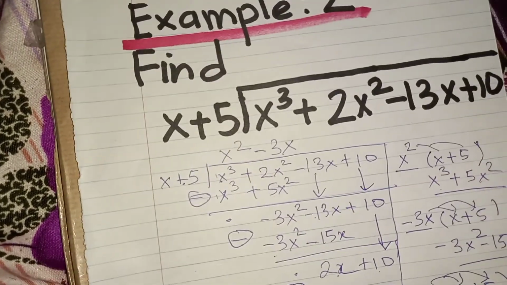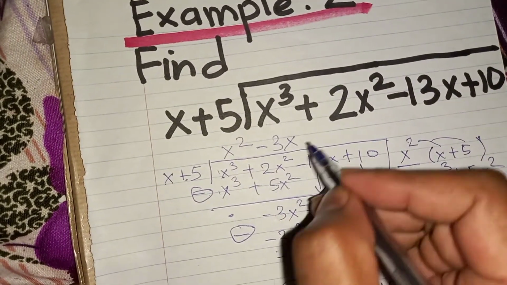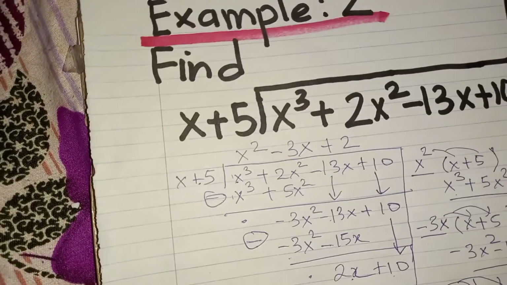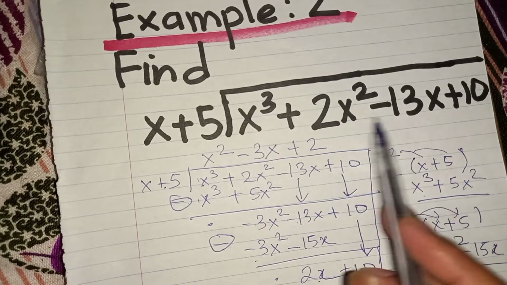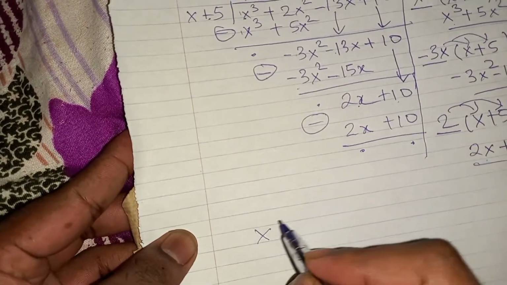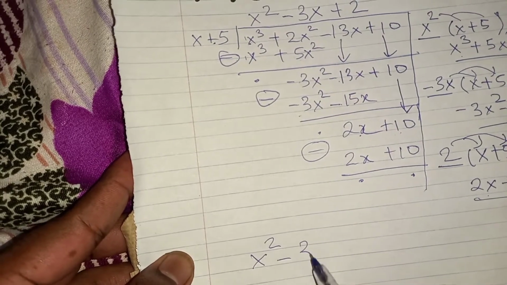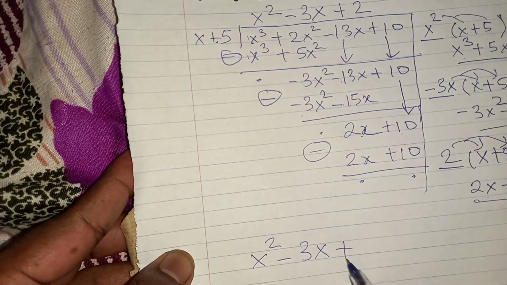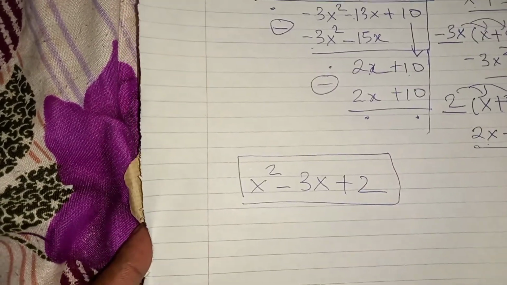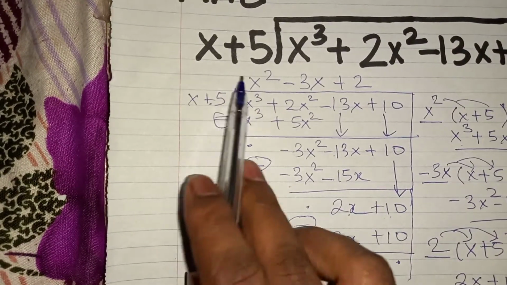So 2 goes on top here, plus 2. That means when this polynomial is divided by x plus 5, the result is x squared minus 3x plus 2. This is our result, and it came from here.